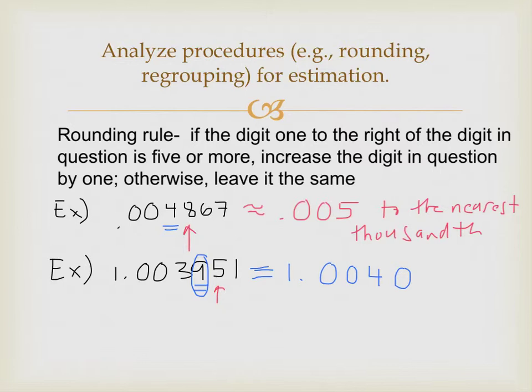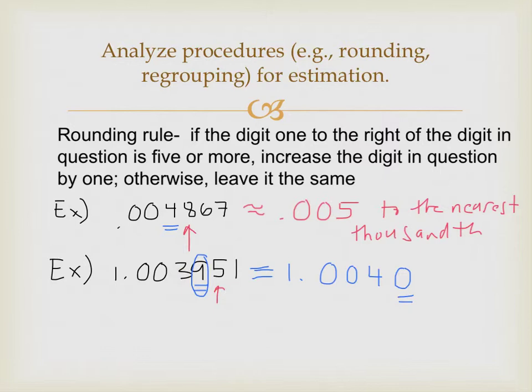We were looking to the nearest tenths, hundredths, thousandths, 10,000ths. We were looking at the 10,000ths, so we went to the 100,000ths. We said, okay, that's 5 or bigger, so now we're going to raise this by 1, which is going to raise this digit, the thousandths digit, by 1. And notice how when we write this out, we're still going to go to that 4th decimal place after the decimal, because that's how far they wanted us to go.